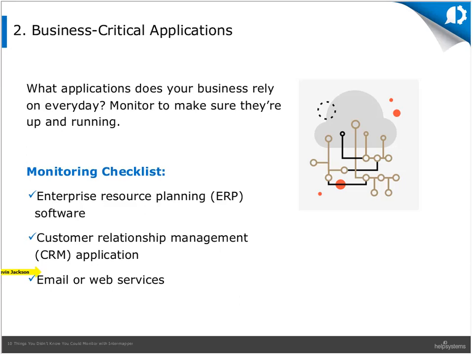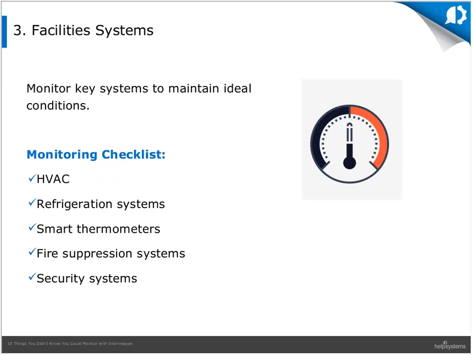Just jumping ahead a little bit. Number 3, facilities. This particular option is something that I think a lot of IT professionals seem to neglect. We understand that most of the time within our infrastructure, within our IT closet, within our data center, we're focused on our main devices, our core infrastructure.